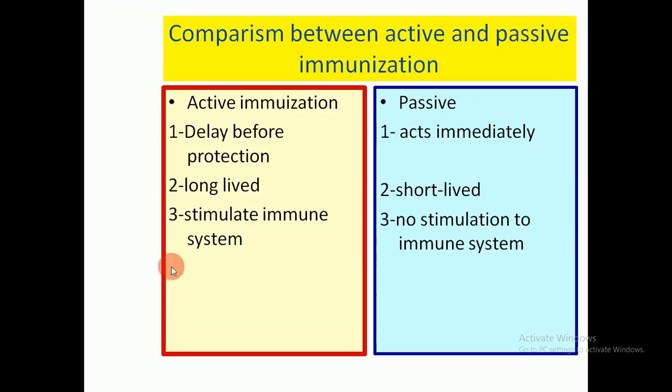So, comparison between active and passive immunization. What's the difference? Active immunization is delayed before protection because time is required for the recognition of the pathogen, for the differentiation, for the stimulation of the immune system.